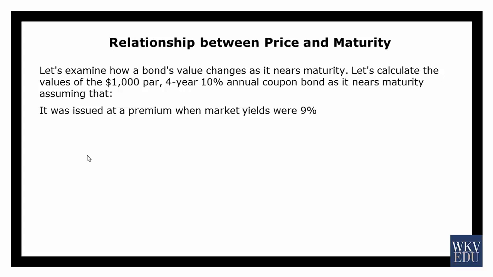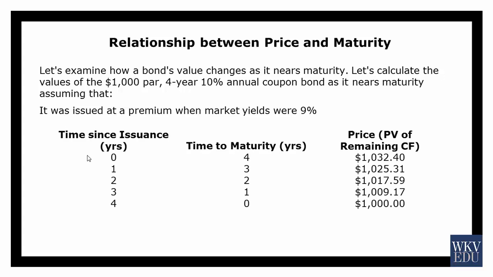Therefore, it has to be issued at a premium. The second scenario is at a discount, when it was issued at 11%. This is our first scenario of premium. So we'll be looking at both the scenarios.